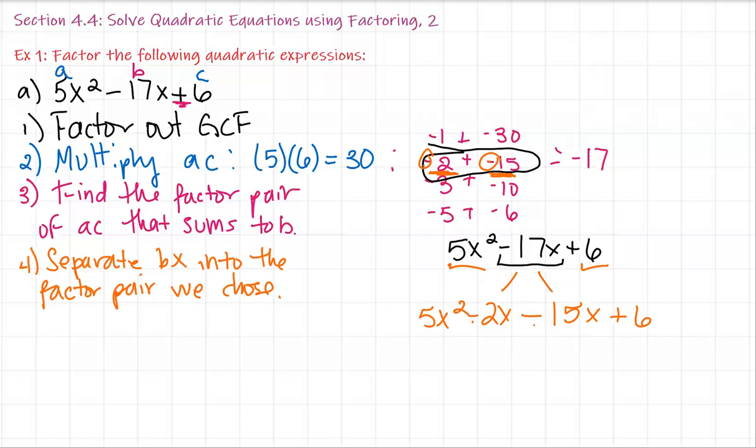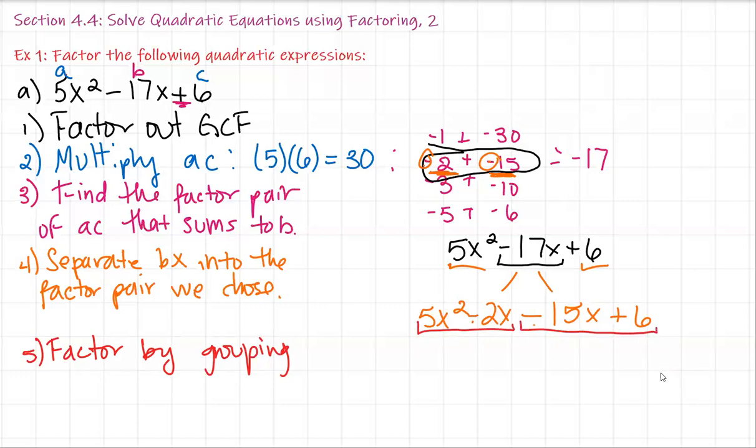All right, and now our final step is to factor by grouping. Okay, and what that means is we group the first two terms and the last two terms. All right, so looking at my first group, what is the GCF here?